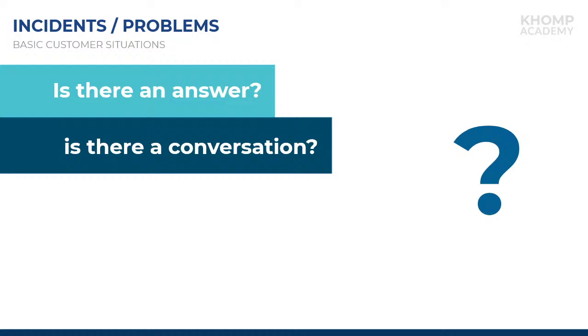This is really related to the first questions that I answered. So, is there a conversation? Are you already having a conversation with a human? This is really important for outbound contact centers.